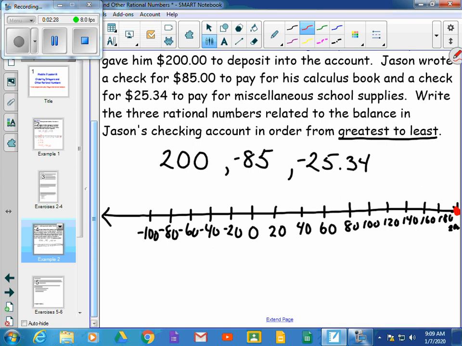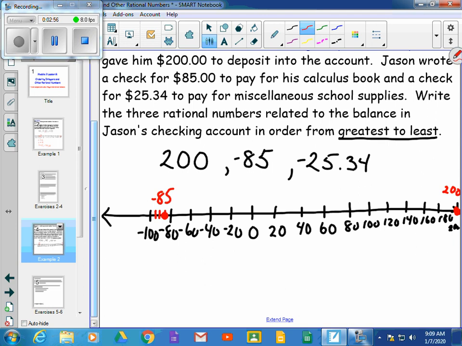My negative 85 is going to be between negative 80 and negative 100. If I take that space and chop it up into 4 equal pieces, 20 divided by 4 is going by 5s. Then if I start at negative 80 and go to the left one, I'll be right on negative 85. Here's negative 85. I'll put 200 over here.